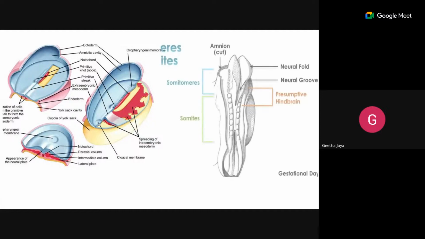Again, it is a bilaminar layer. So this is the lateral plate mesoderm that spreads laterally and continues, and it is limited on the side by the amnioectodermic junction. This is the amnioectodermic junction.